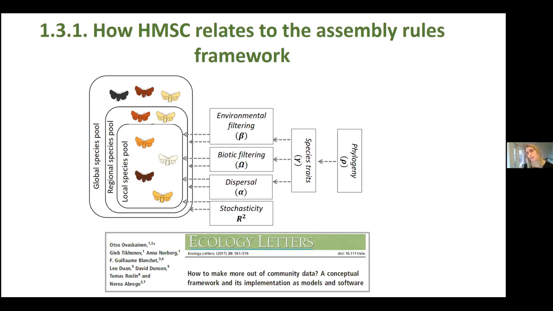We can measure the influence of traits through the so-called gamma parameters. The gamma parameters measure how the traits that we have included in the analysis influence the responses of the species to the environmental conditions, or to the environmental covariates that we have included in the model.